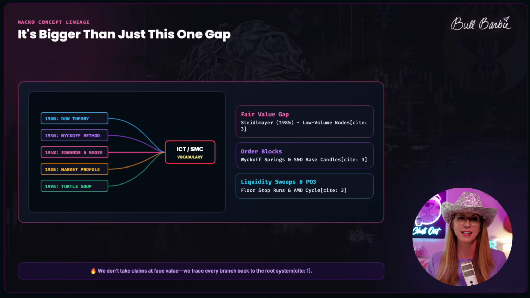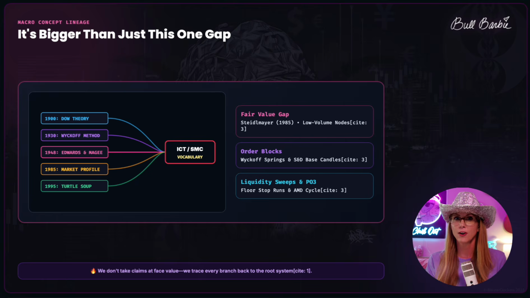And here's the thing. The fair value gap isn't an isolated case. Zoom out, and almost the entire ICT vocabulary traces back the same way. Liquidity sweeps, order blocks, power of three, all of it.